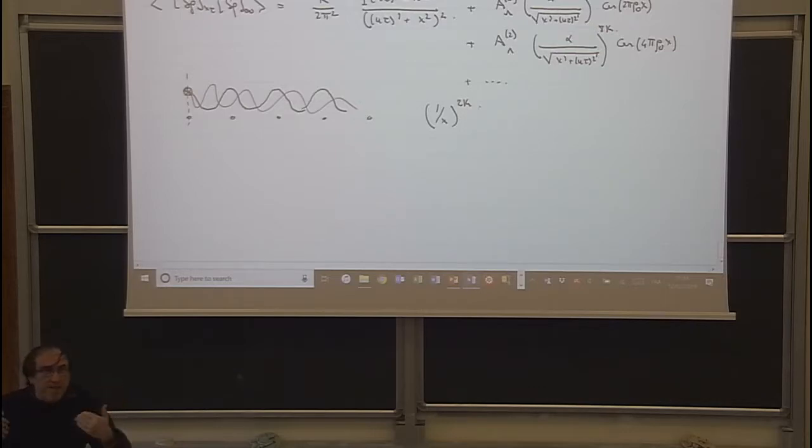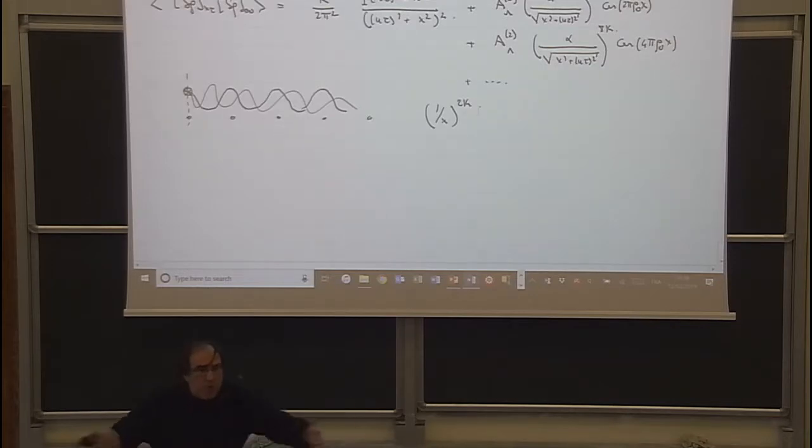So you could say if I make my interaction super strong, I will get a super-ordered crystal, because this thing will decay very slowly. This one is hopeless. It decays always as 1 over x squared. But this one, if I make my interaction super strong, will decay very slowly, which means I will get a perfectly nice ordered crystal.